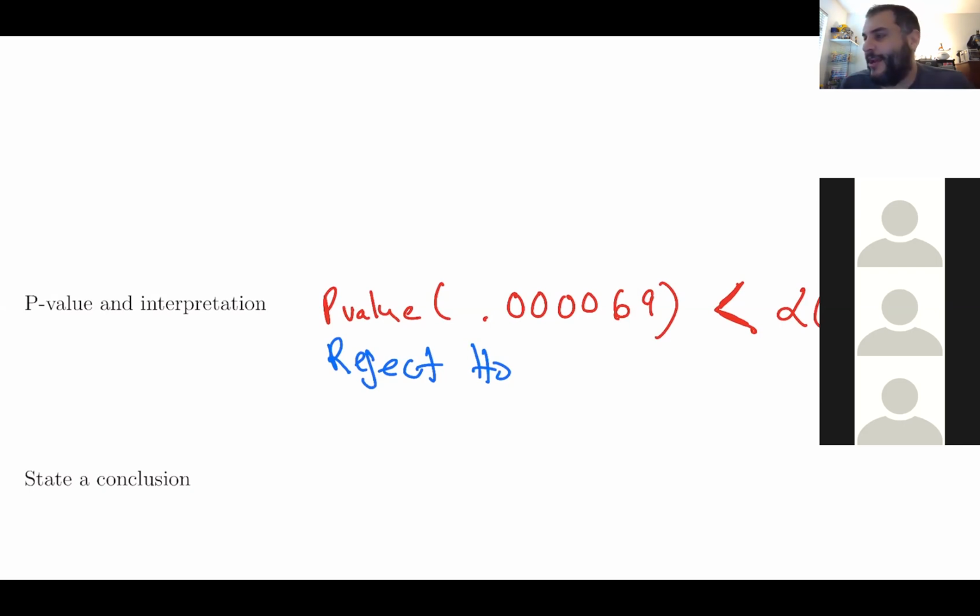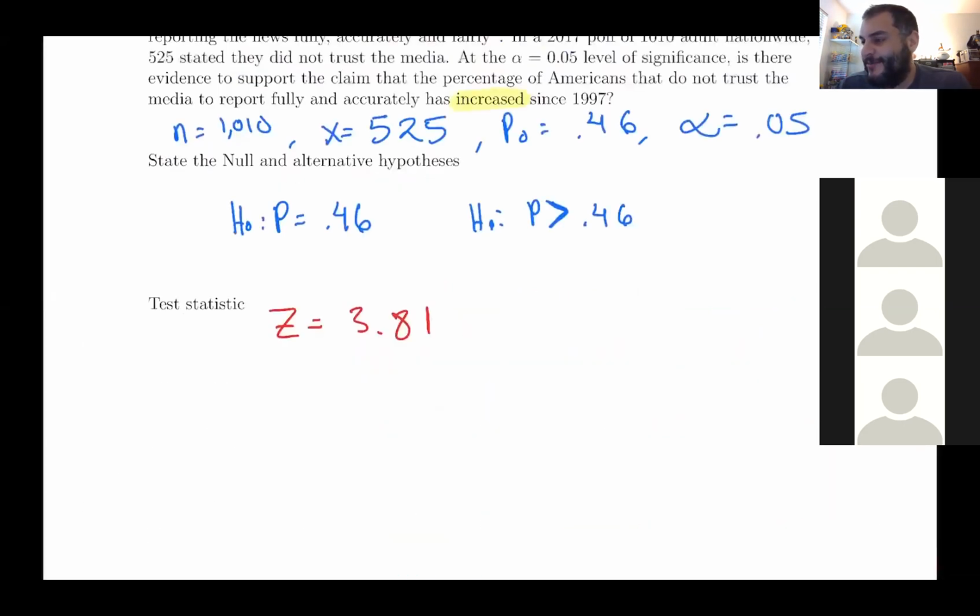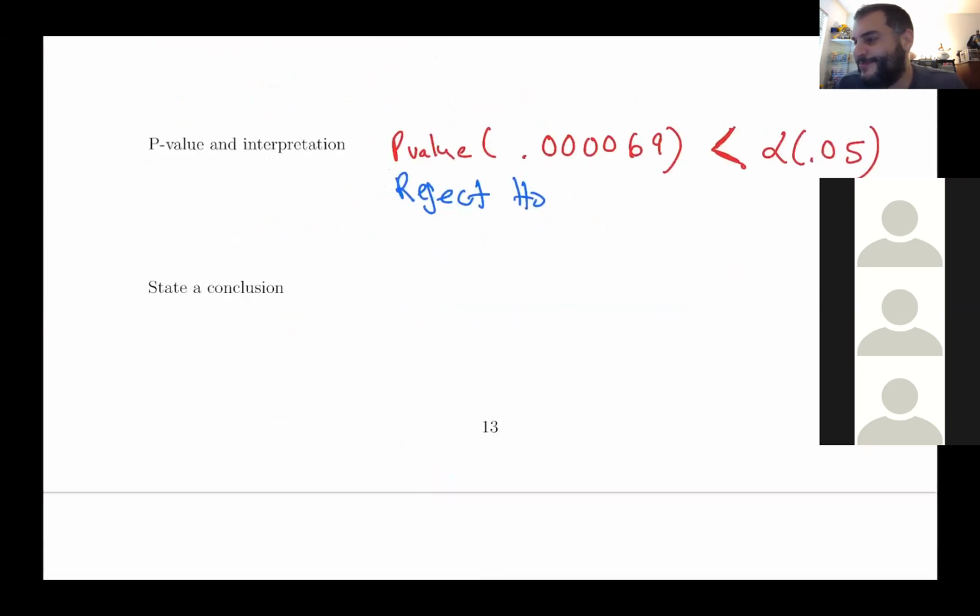All right, so if you go back to the null and alternate hypothesis, remember, we're rejecting the null. Since we're rejecting the null hypothesis, we're concluding the alternate hypothesis is correct. So we're concluding that the percentage of Americans who don't trust the media is actually greater than 46%, because that's what our sample is telling us. It's telling us, no, we shouldn't think that it's still 46%. It's actually more than 46%. So that's what we state in our alternate hypothesis.